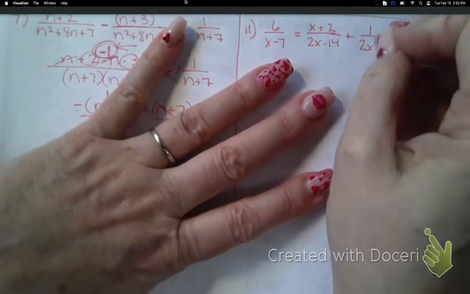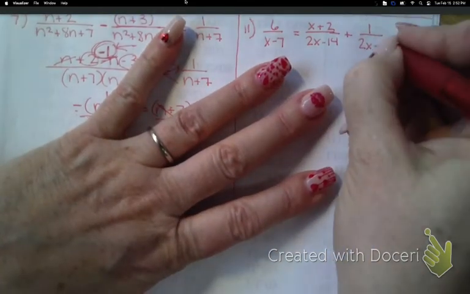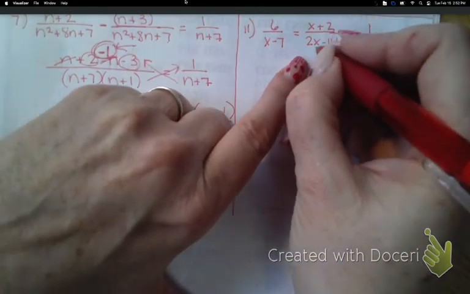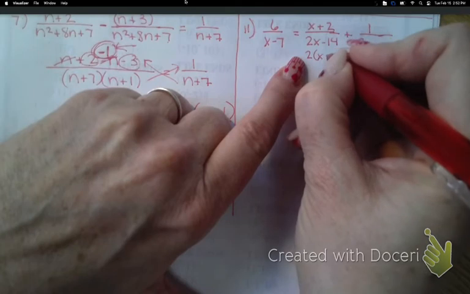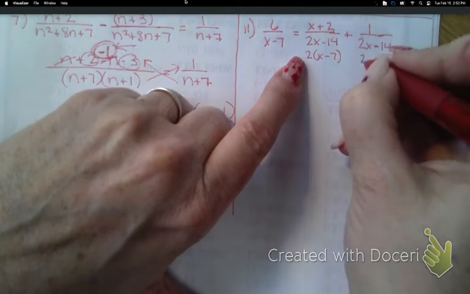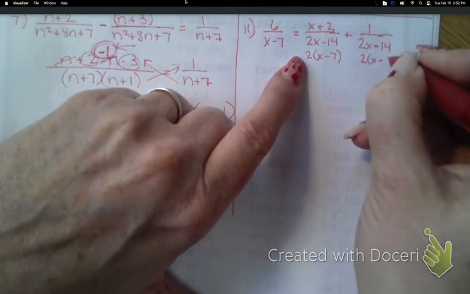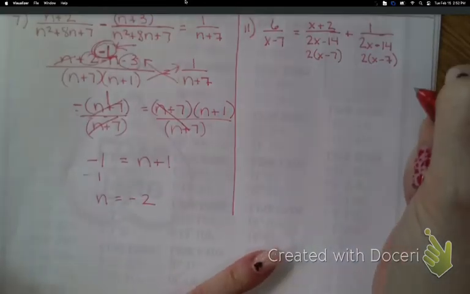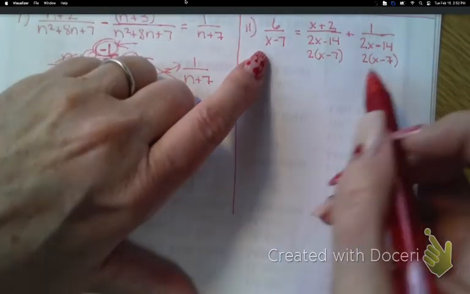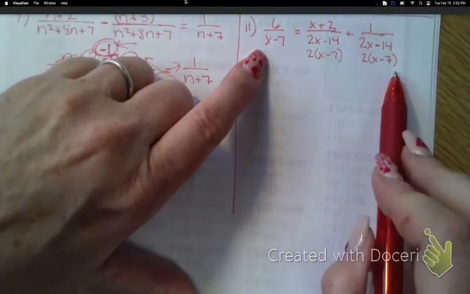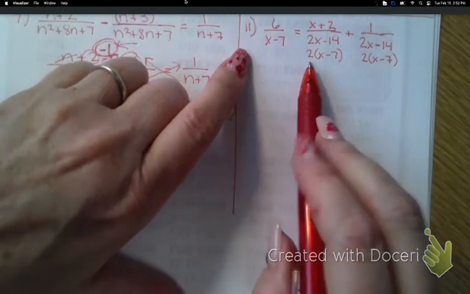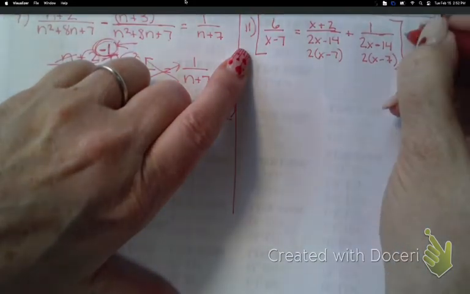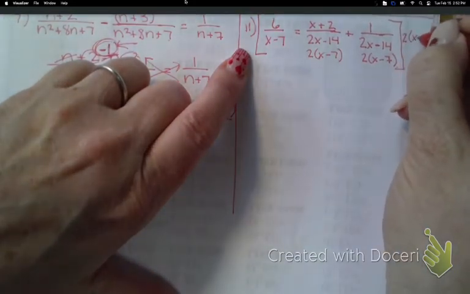Okay. What is the first thing I should do? Factor. And I usually just write it right underneath. So this is 2x minus 7, yes? And this is 2x minus 7. I am going to multiply everything by 2x minus 7. Everything has an x minus 7, yes? The only thing they're missing is a 2.